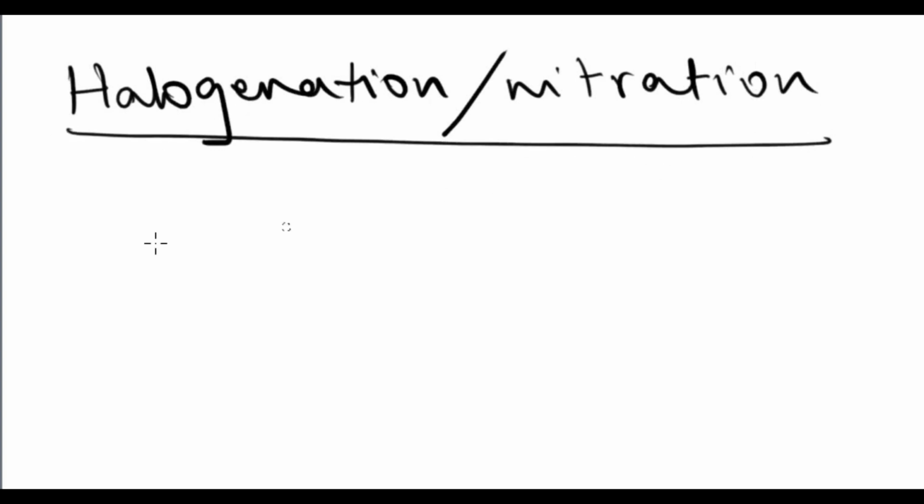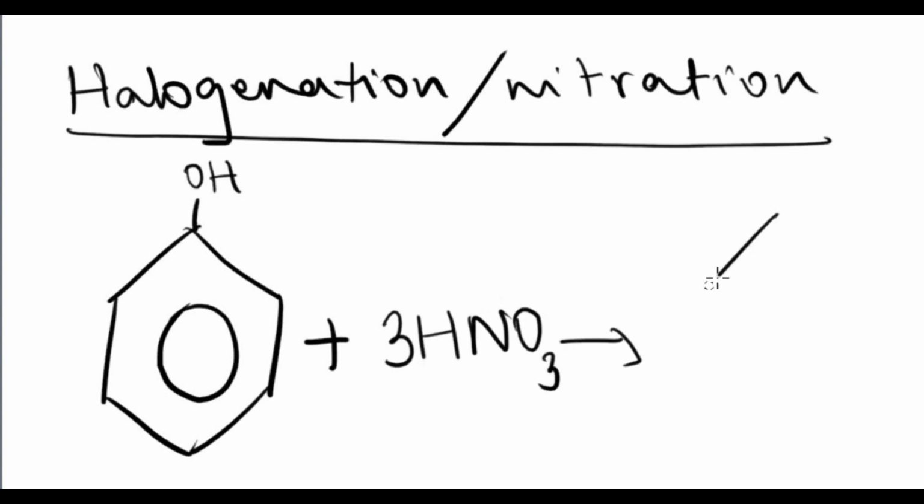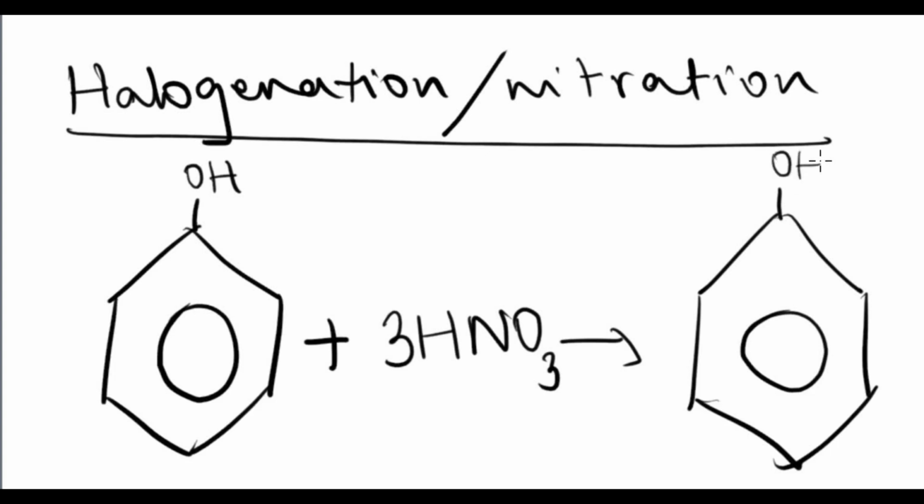I'll show you how. For example, if I add nitric acid to phenol, it's not going to be 1 carbon, but 3 different carbons, and you're going to get 2,4,6-trinitrophenol. So this is the difference between benzene and phenol reactions, but they both have mesomeric effects, and they're both electrophilic.